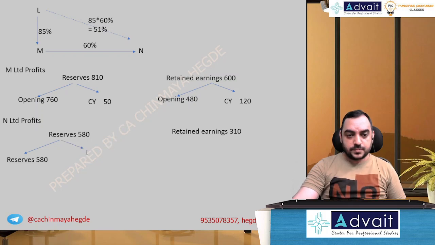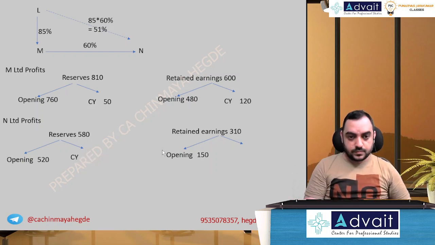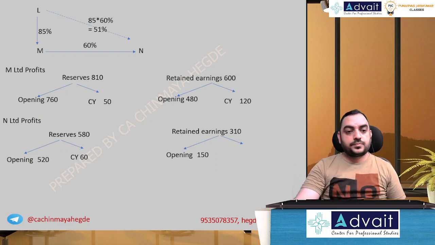Reserves opening 520 and retained earnings opening 150. So the current year reserves is 60.